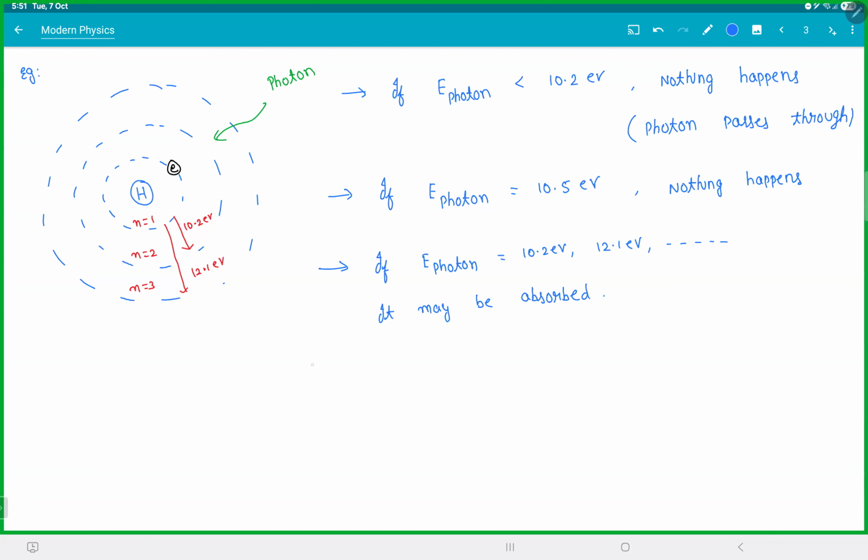But there is one exception though. If the energy of the photon exceeds your binding energy, in this case, if energy of the photon exceeds 13.6 eV, then the electron will go to infinity. So it will absorb, it will take everything, and that excess energy becomes kinetic energy. Because you have given enough energy to escape the complete hydrogen atom.